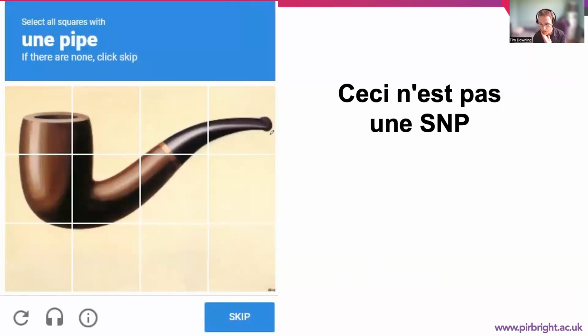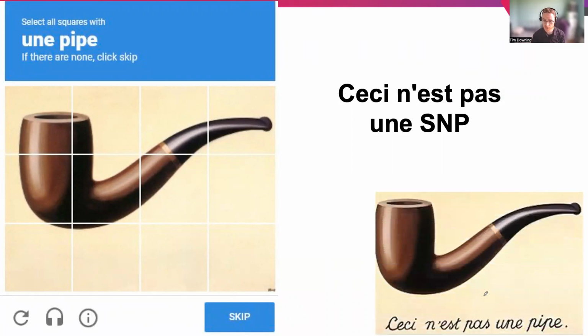And we have to bear in mind that that information has biases built in, and that we have to acknowledge the uncertainty stemming from those biases. That means that our determination of something as a SNP or not a SNP is a probability, it's a chance of being a SNP. It's not absolute. And that comes from René Magritte's The Treachery of Images.